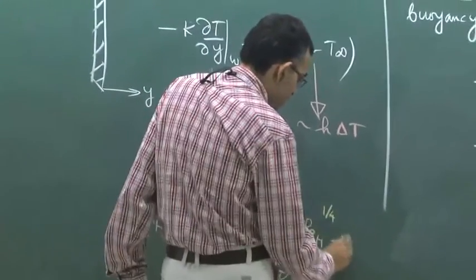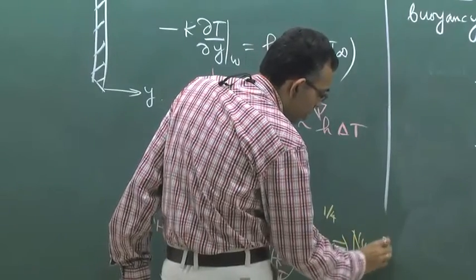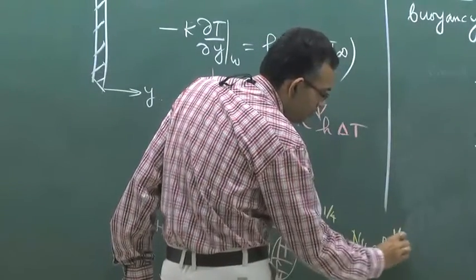That means Nusselt number is of the order of Rayleigh number to the power 1/4.